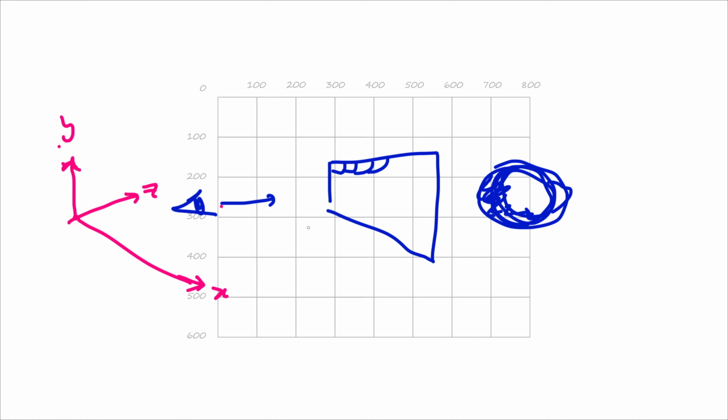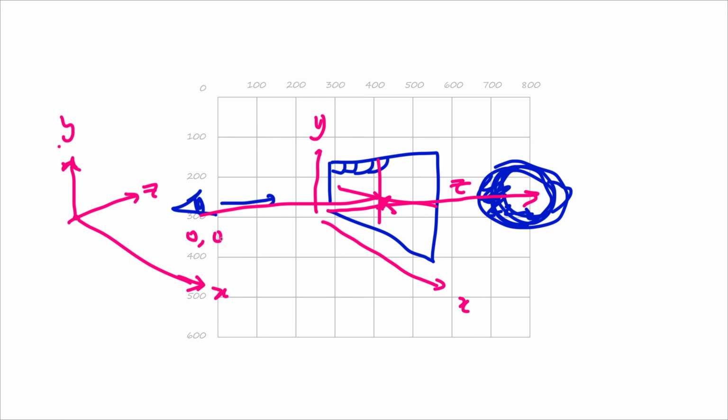So x would be along the viewport, y would be up the viewport, and then into the viewport, into the scene, would be z. So we could be centered like this, at 0, 0, and then say minus, I don't know, minus 100. So we're standing back from the viewport by a distance of 100.